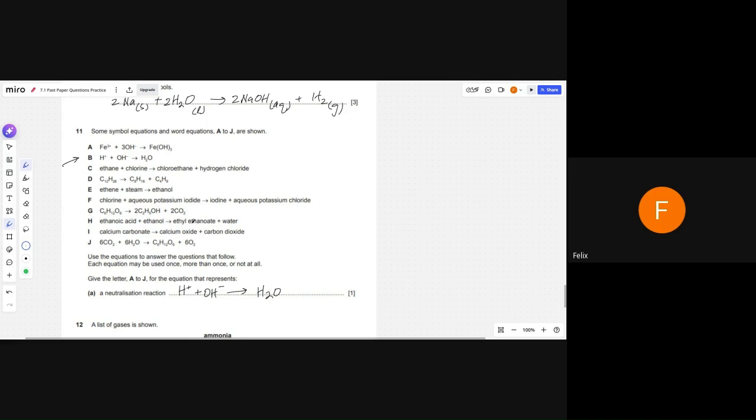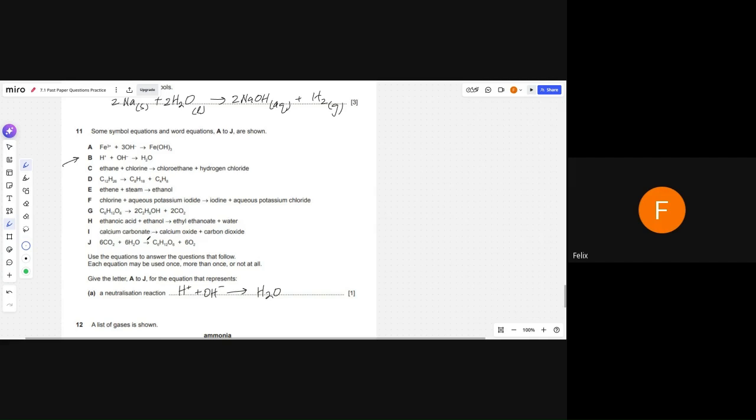Ethanoic acid plus ethanol, producing an ester and water. They are changing their functional groups. So that is an esterification reaction, in which esters are produced. Organic chemistry.